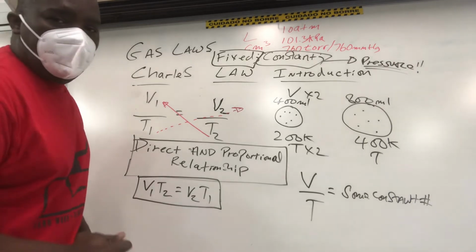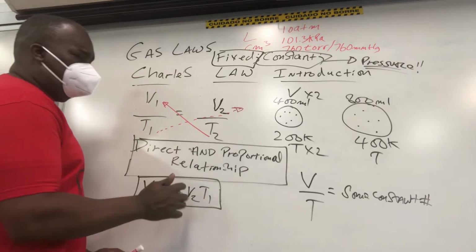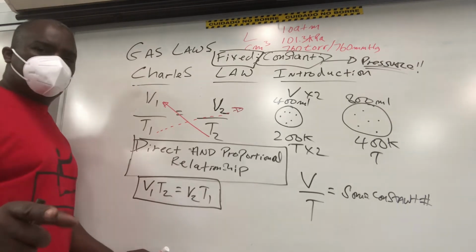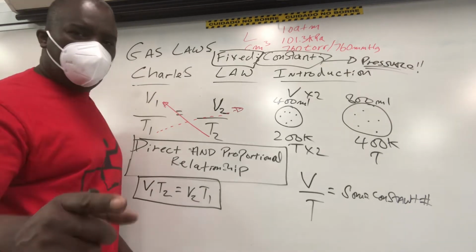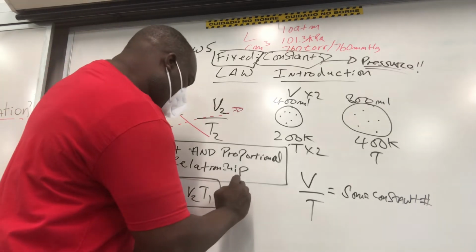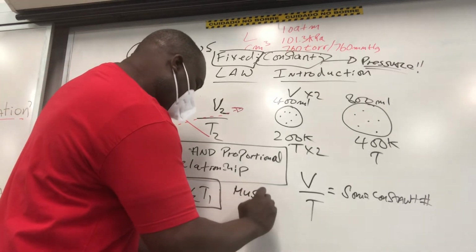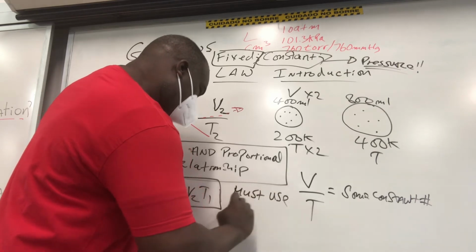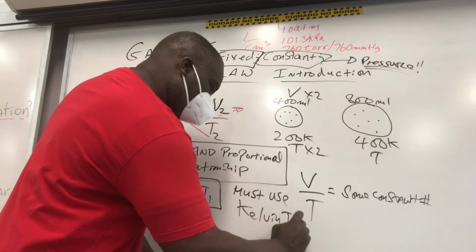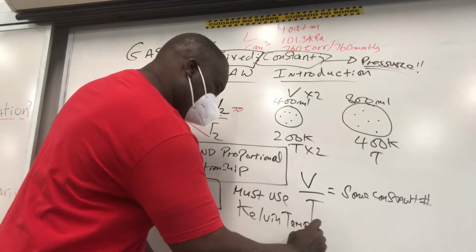Now guys, when you're doing Charles' law calculations and temperatures are involved, you must use Kelvin temperature. So write that down someplace, guys. You must use Kelvin temperature, bam, exclamation points.